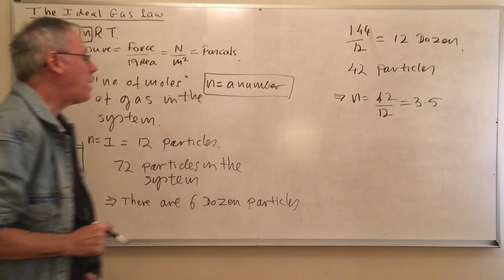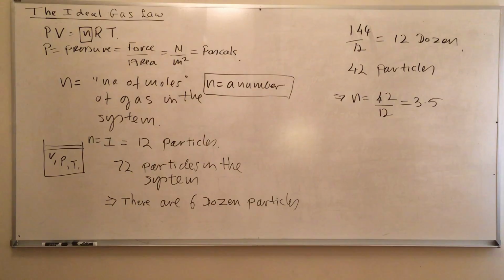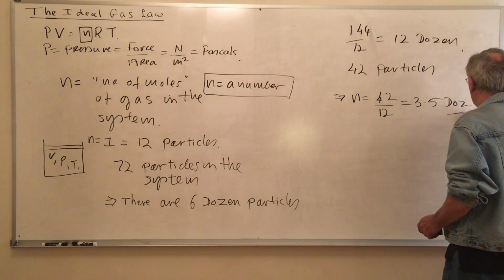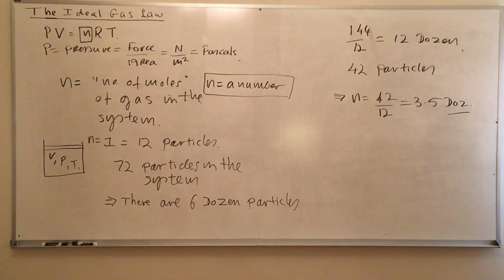If there were 42 particles in our box, we could say that there were 3.5 dozen particles in the box. Okay?